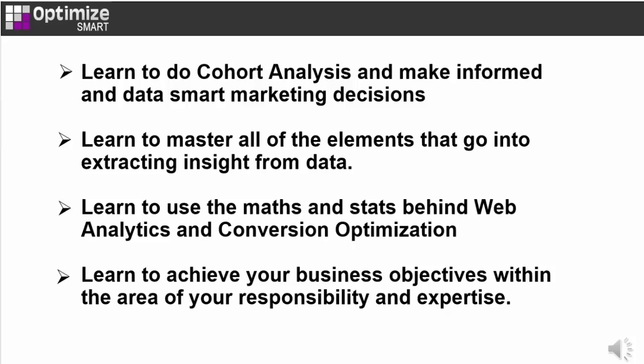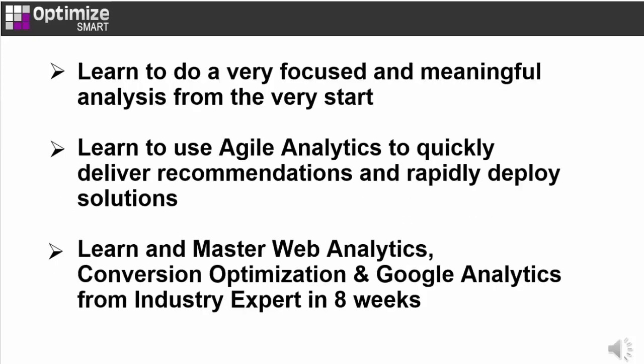Learn to use the maths and stats behind web analytics and conversion optimization. Learn to achieve your business objectives within the area of your responsibility and expertise. Learn to do a very focused and meaningful analysis from the very start. Learn to use Agile Analytics, to quickly deliver recommendations and rapidly deploy solutions.